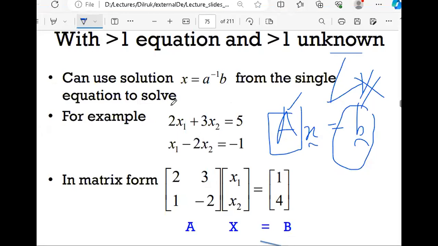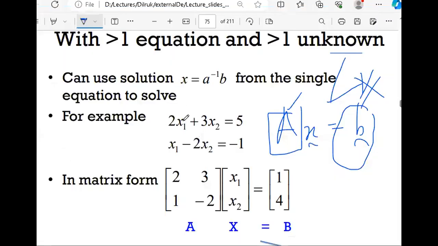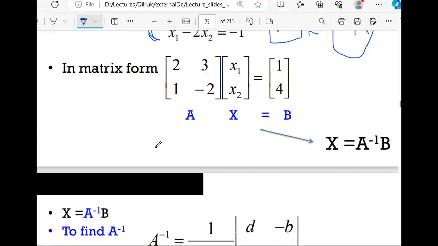What are the row operations? You can swap or interchange any two rows. If you interchange any two rows, you interchange any two equations.